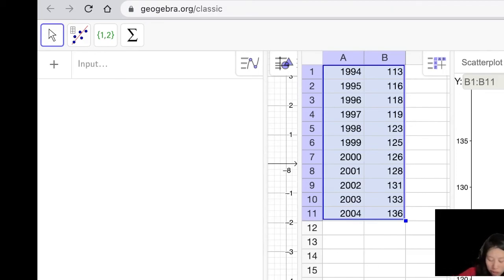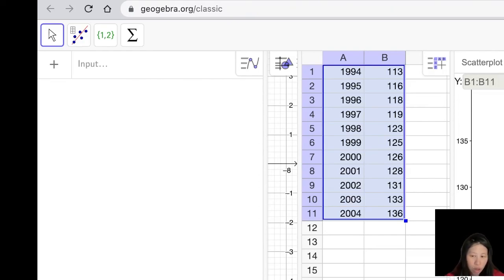Okay, I'm going to write down here y equals 2.2091x minus 4391.6091.